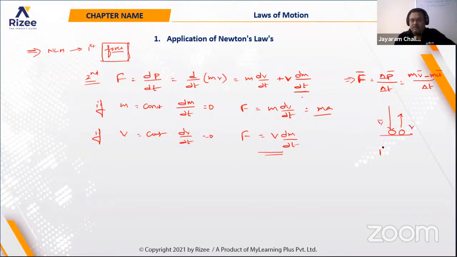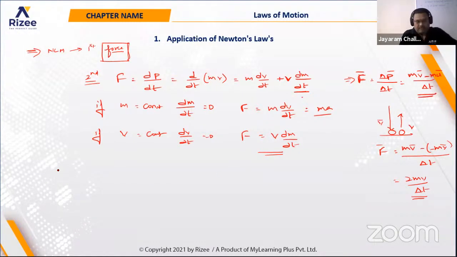In that situation, you can write F is equal to mv minus of minus mv, so it turns out to be 2mv by delta t. So this type of question, please be careful of this one.